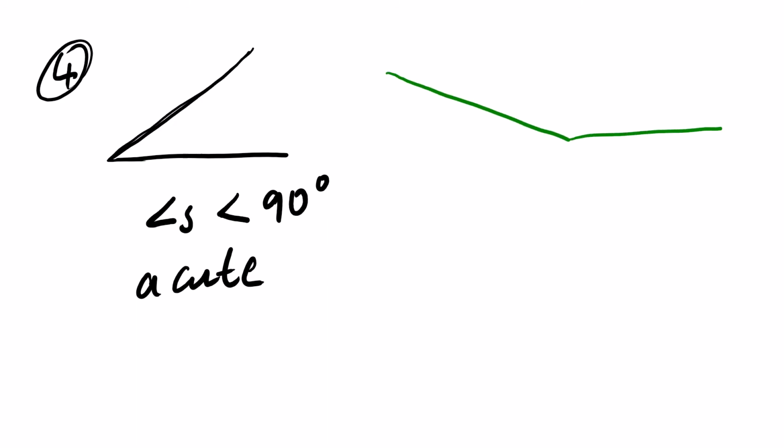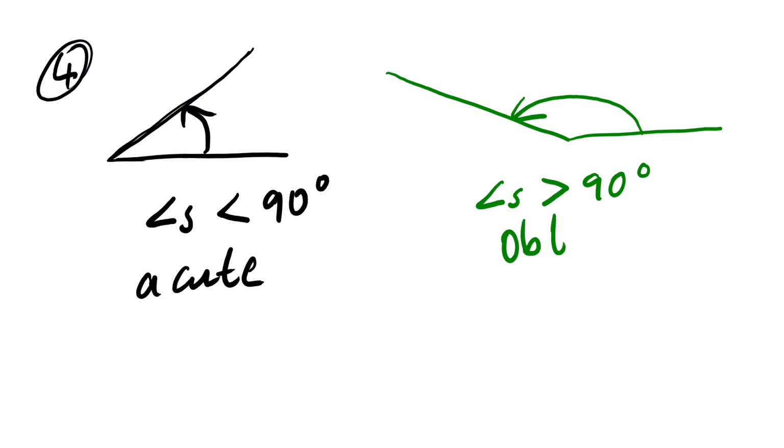Now, what about angles which are more than 90? These angles which are more than 90, we call them obtuse angles.